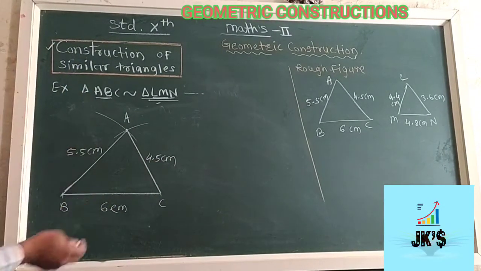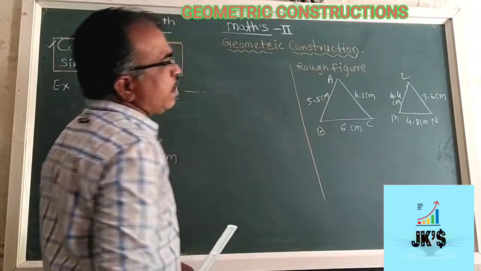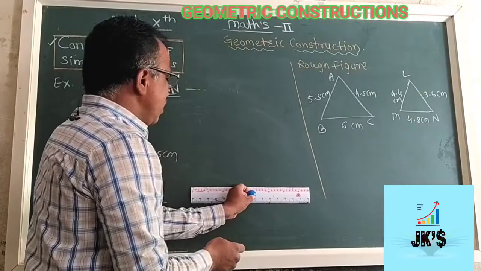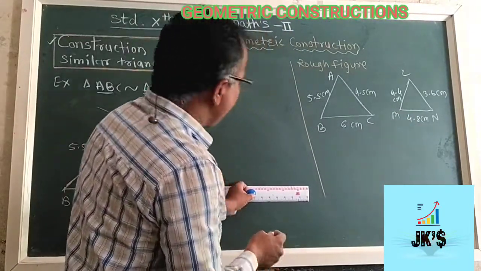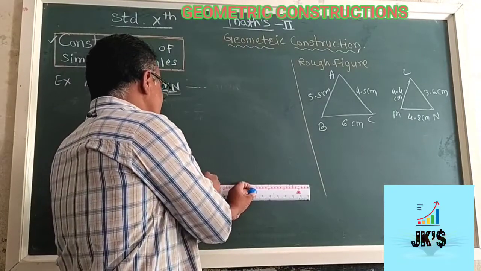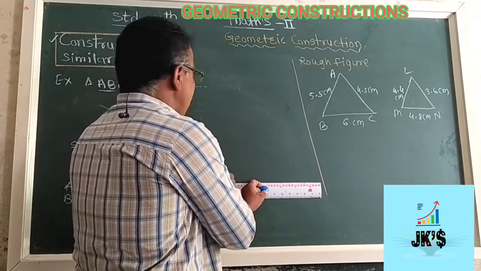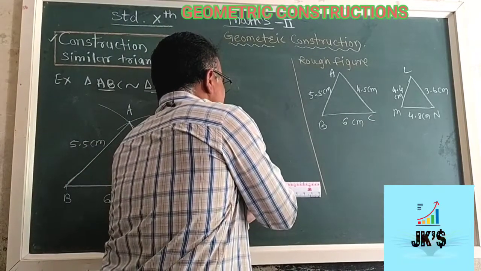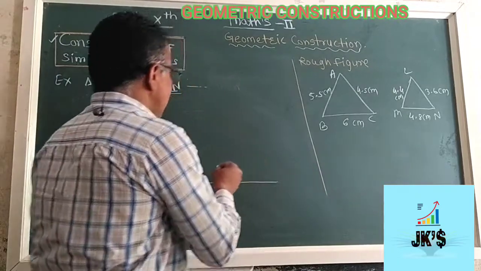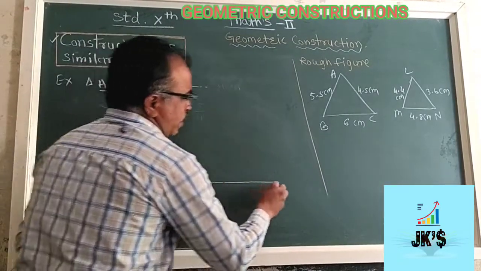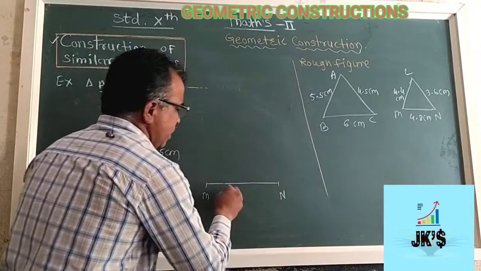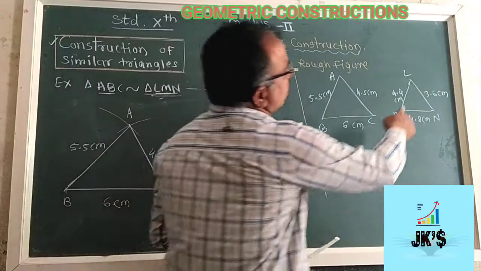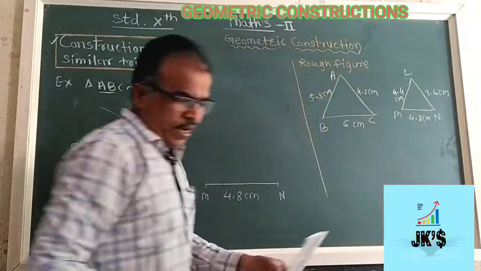Now, by similar steps, we construct triangle LMN. The base of this LMN is MN of length 4.8, so draw MN of length 4.8 centimeter. Now, friends, the distance of L from M is 4.4.